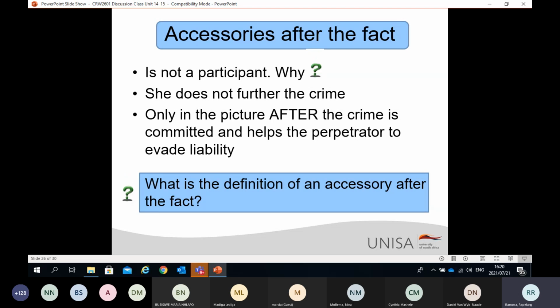But for the purpose of this lecture and talking about accessories after the fact, it came to my mind to ask why couldn't the NPA have taken all of those witnesses who were in that house and charged them for accessory liability, because they surely at least had a duty to report or to inform the police as to who actually killed Senzo Meyiwa.